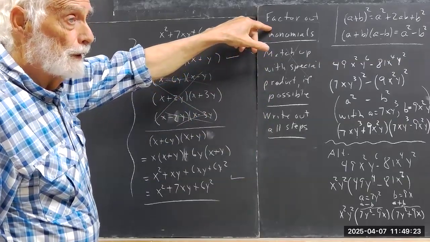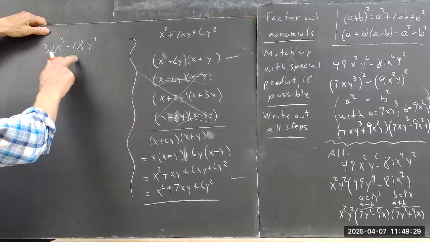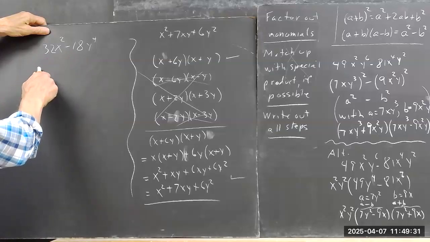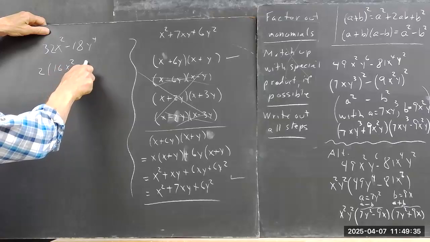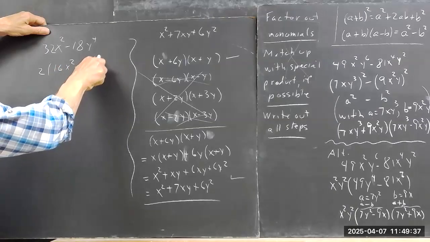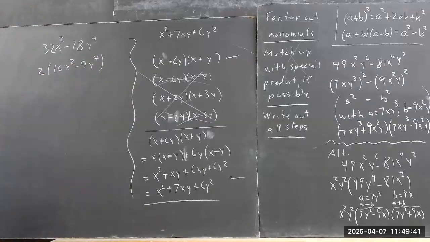You want to start by factoring out whatever monomial you can. In this case, these are both even numbers, so we factor out 2. And we get 2 times 16x squared minus 9y to the fourth.